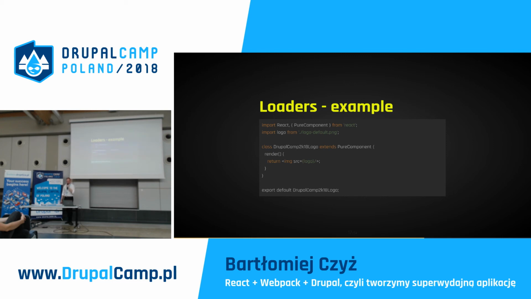So it's going to take the whole file, take the path to the output file, and it's going to be available under the logo variable. So this is a very easy way to load files.